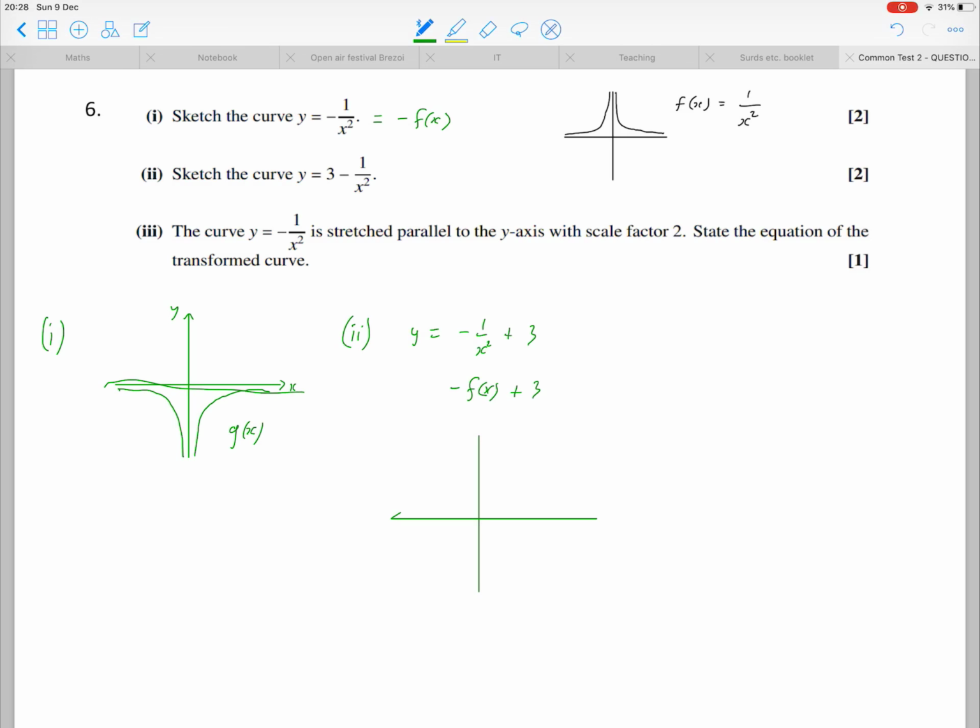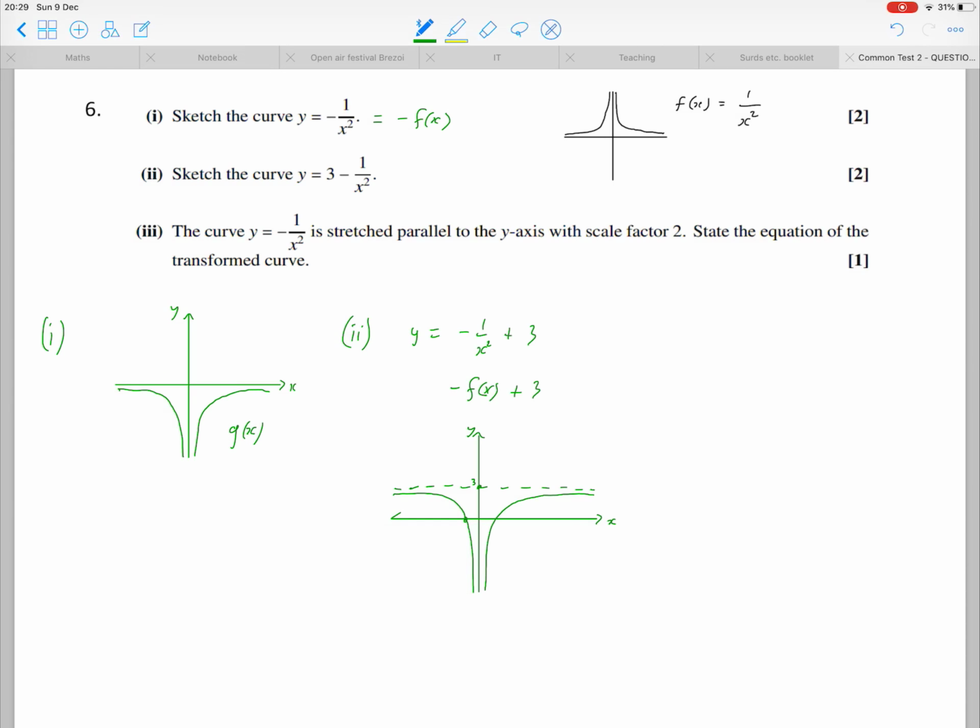This one over here asymptotes to the horizontal axis, so the new asymptote will be at y equals 3. I'll draw that on. And then your new curve does something like this. Now, just to be super safe, just tell the examiner that you know that value there is 3.